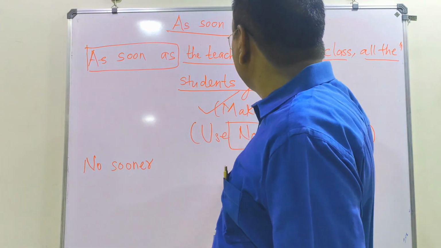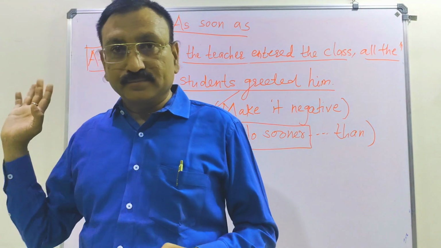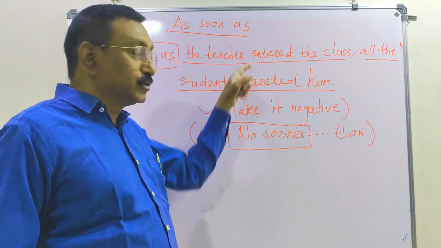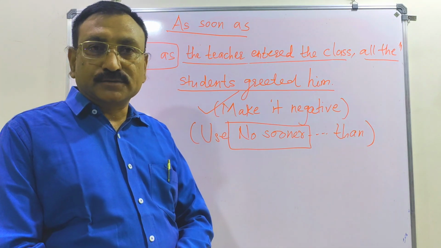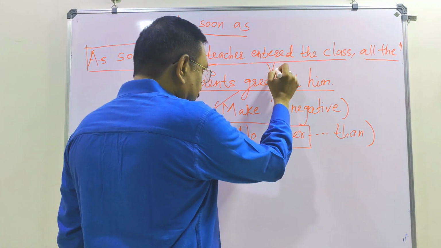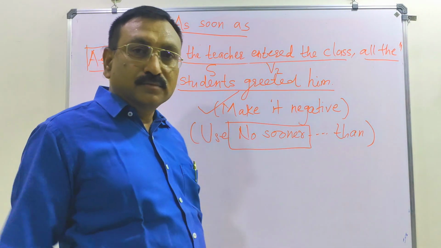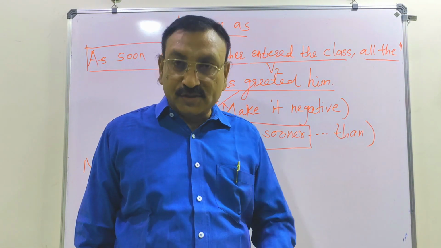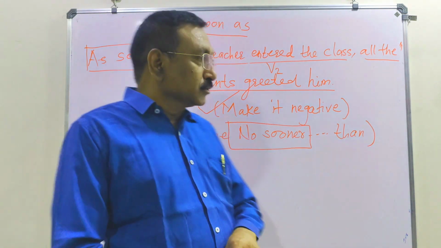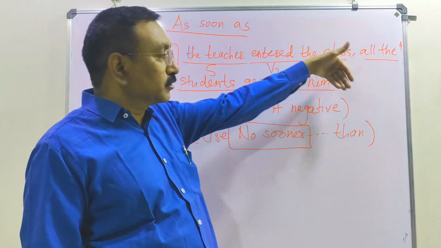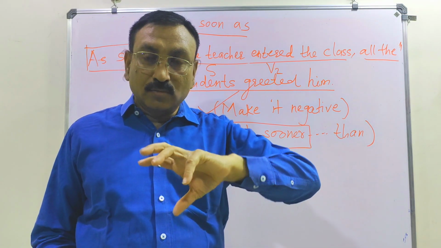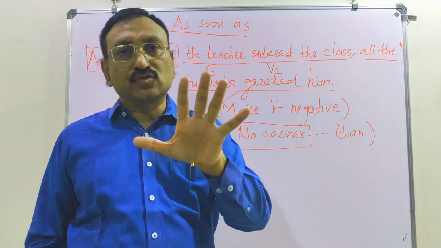The teacher entered the class. The tense of this sentence is simple past tense. The teacher is the subject, entered is the past form of the verb, we call it V2, the second form of the verb. There is no need to go further, because on the basis of the form of the verb we can identify the tense of the sentence.